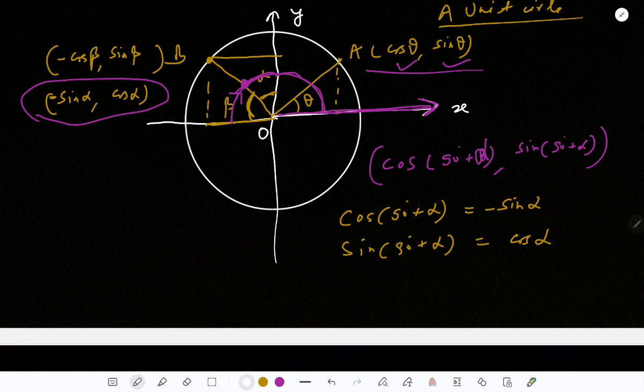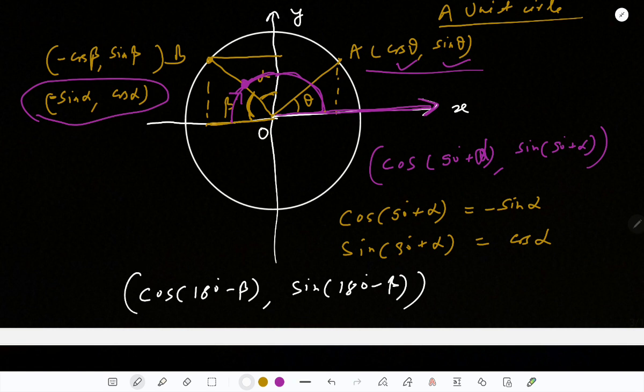So you could have written the coordinates of this point B simply as cos 180 minus beta and sin 180 minus beta.